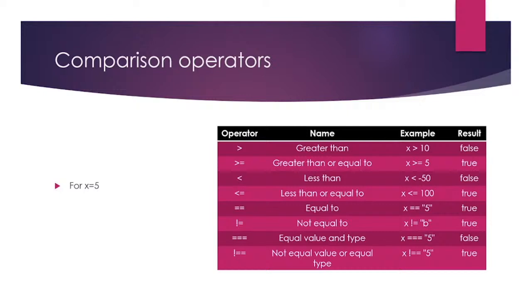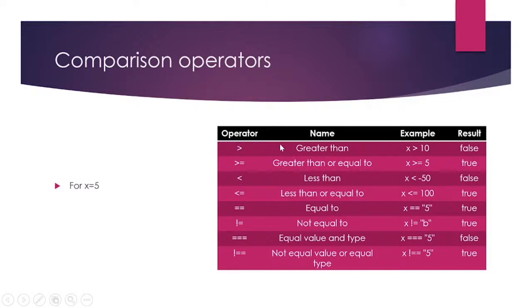Now the comparison operators. Let me count, these are 8 comparison operators, and the above 6, I guess, are very similar to all the other programming languages. It's just this particular operator which is something new to you.